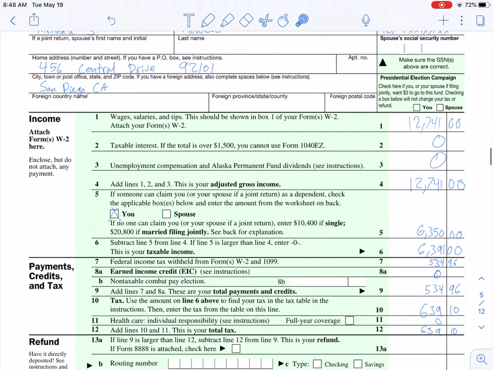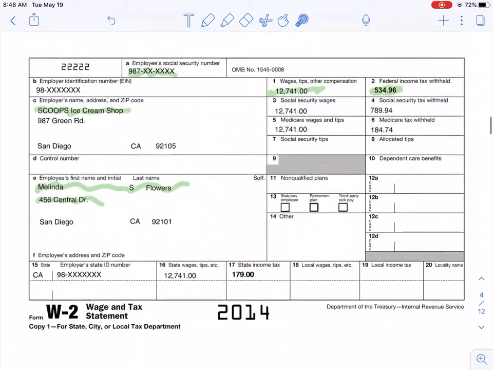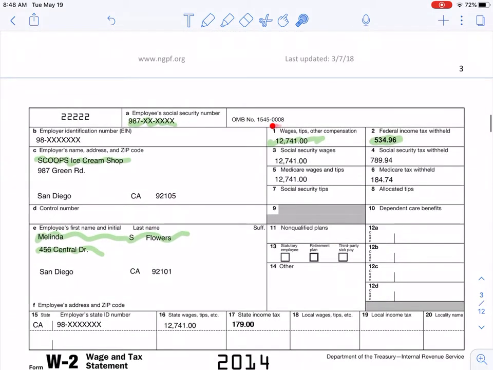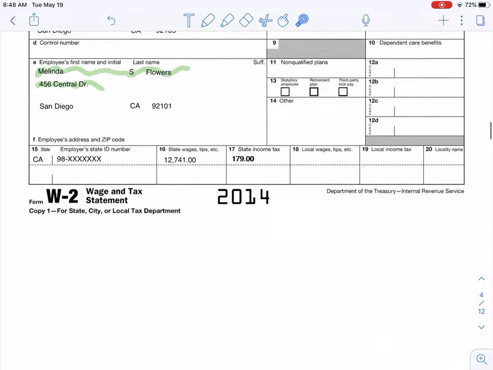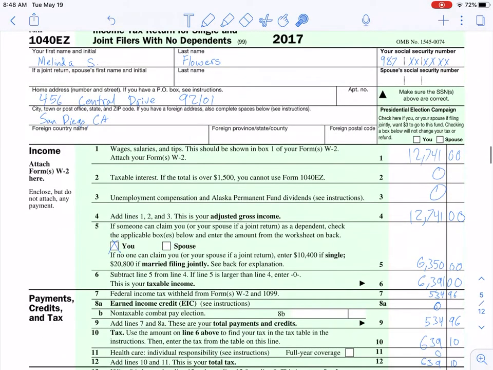we talk about wages. So we take that from box 1 of the W-2. So here's box 1 in the W-2. We take that value and we write it here. This line is for us to write the cents. So $12,741.00. Taxable interest, we don't have any of that for this activity.